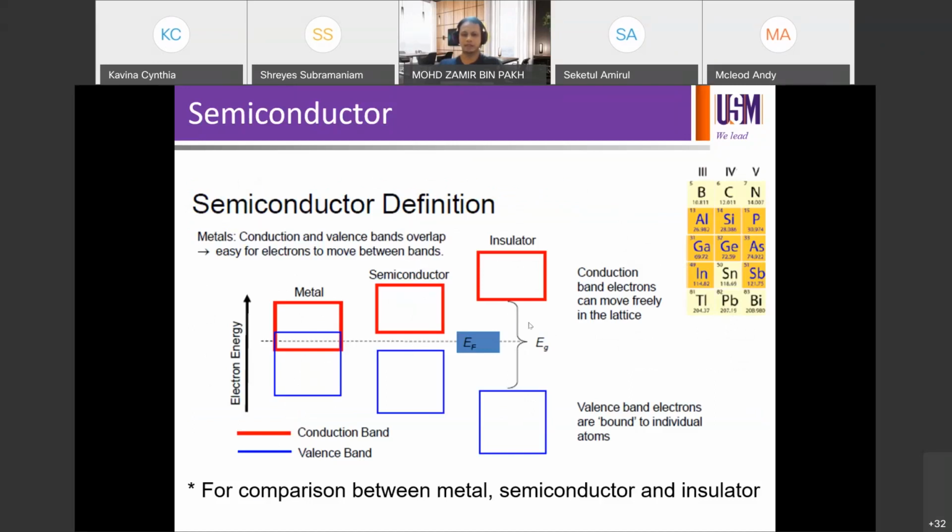On the other hand, insulator has the biggest one. So if you move from the left to the right, the conduction becomes harder and harder. The resistivity becomes higher and higher, and conductivity becomes lower and lower.